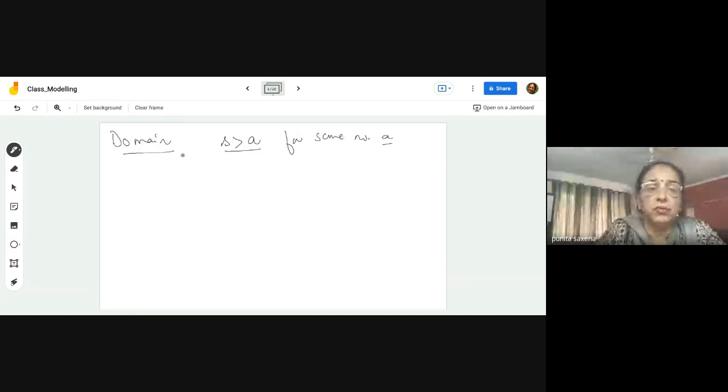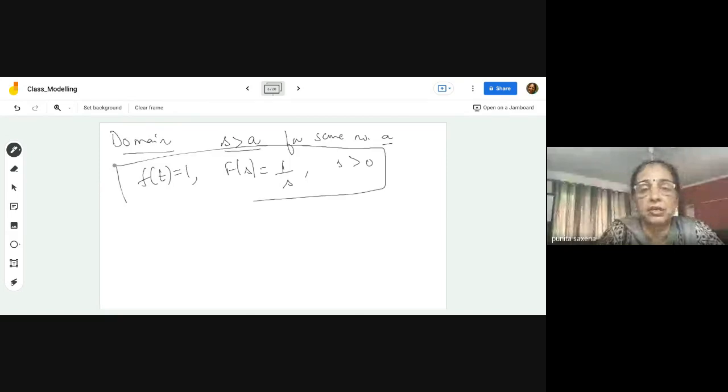In this case, if f(t) is 1, then F(s) is 1 by s for s more than 0. So this is the first result that you have got. This domain is also important, because the Laplace transform may not be defined for some other values of s. So we have to be careful about this a.